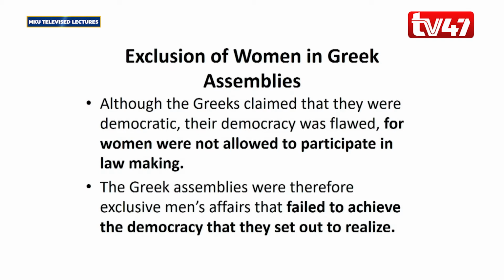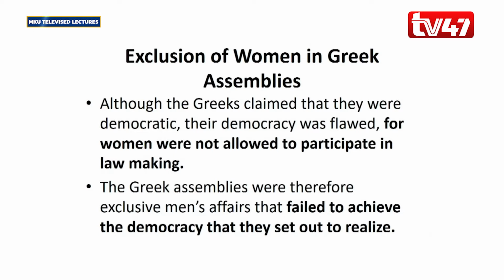And this inclusivity doesn't just touch on women. It even touches on different groups in the society, such as the marginalized groups, disabled people, the youth, and so on. So democracy then has a wider articulation, and it's not just the idea of representation, but inclusivity becomes a very important thing.